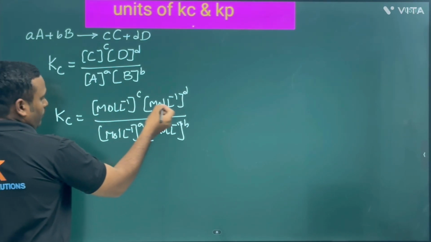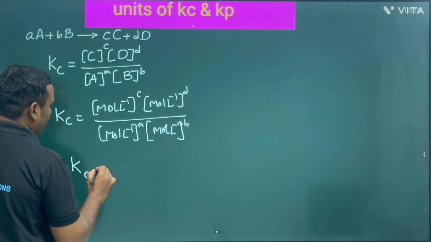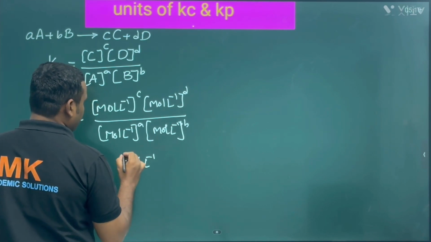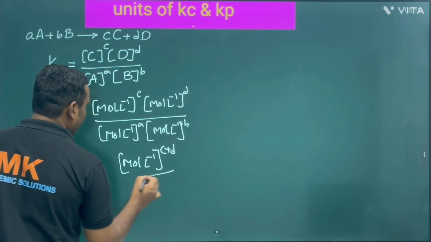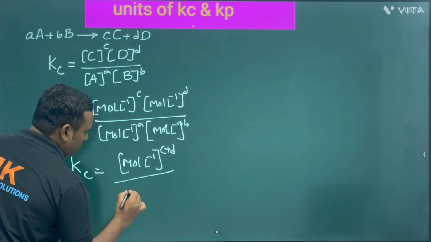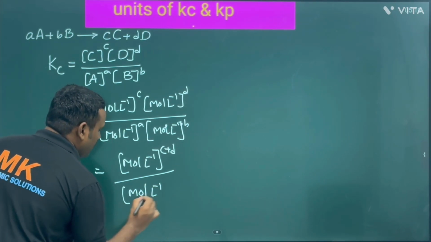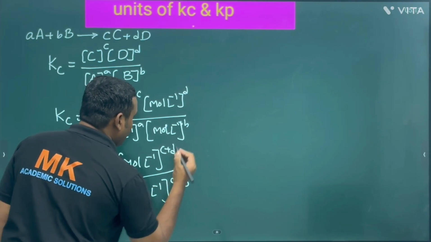Now here, if the bases are the same, the powers must be added. So therefore, moles per liter to the power c plus d, divided by, in the denominator also, moles per liter to the power a plus b. Okay.